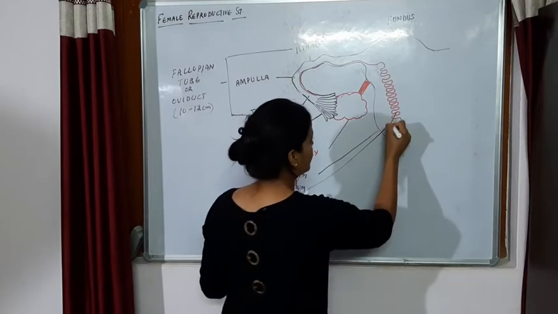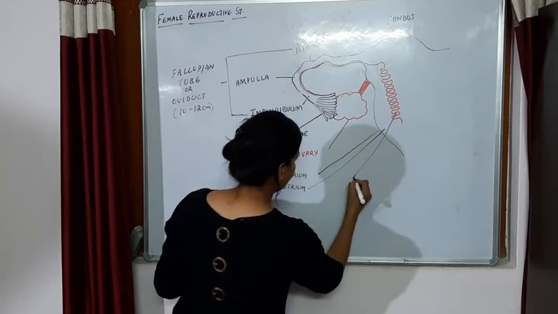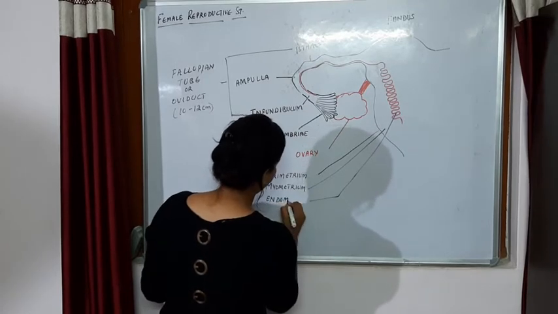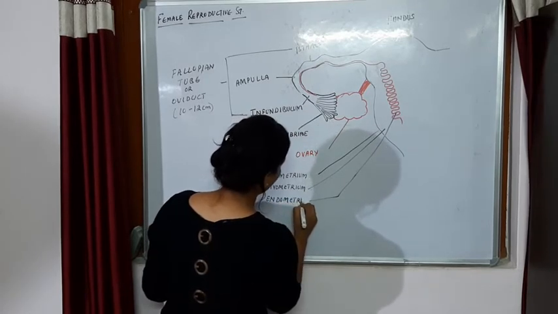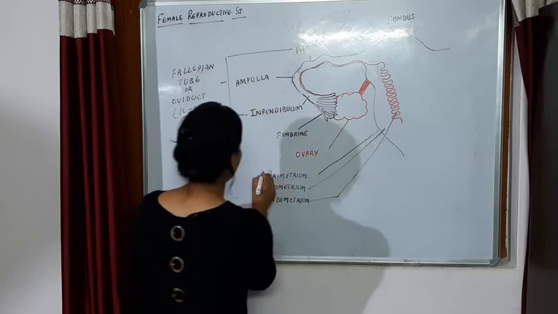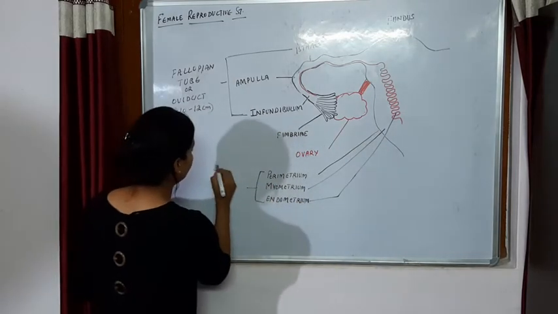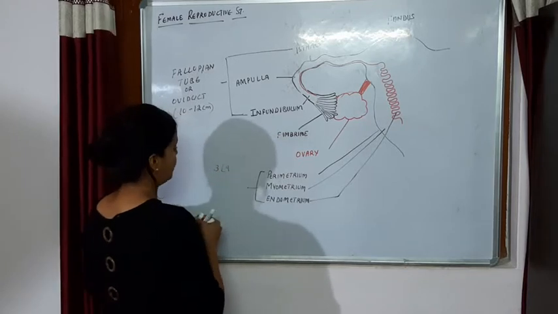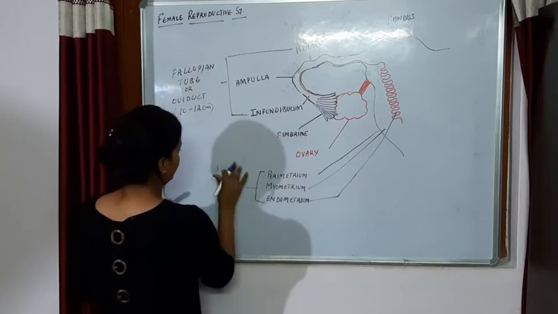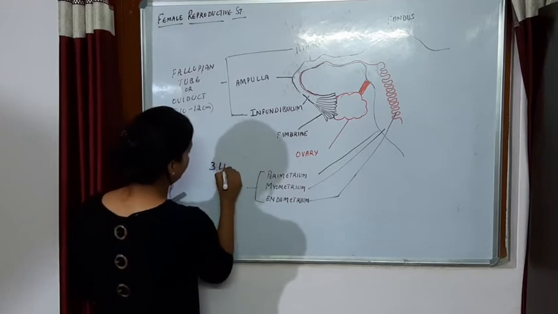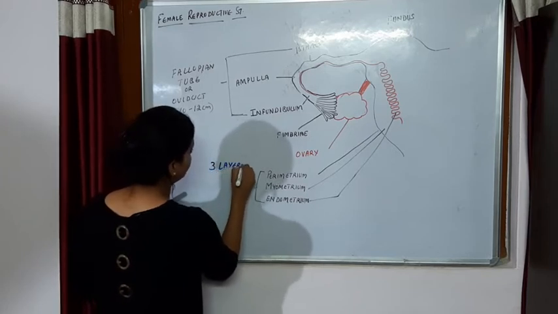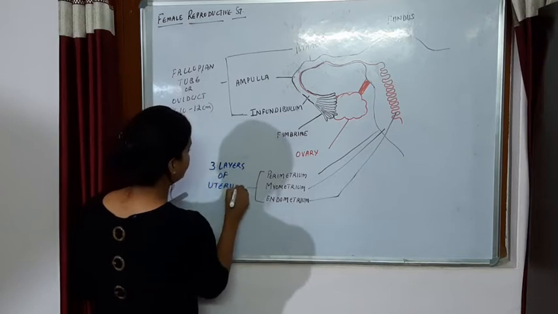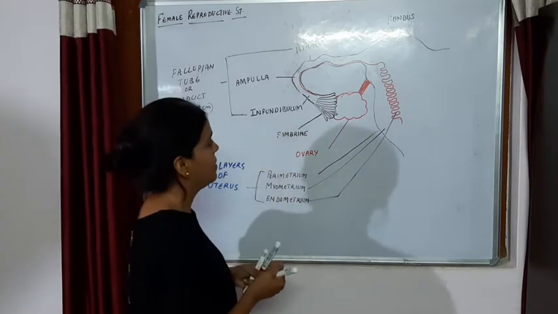So the third layer is the endometrium. These are the three layers of the uterus, and we have discussed the functions of all these layers.